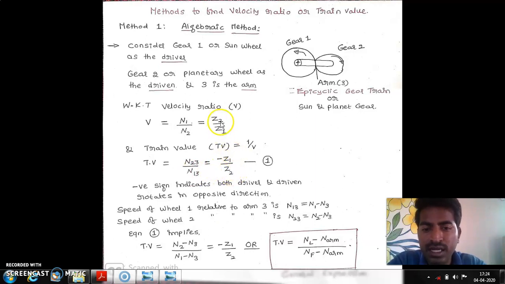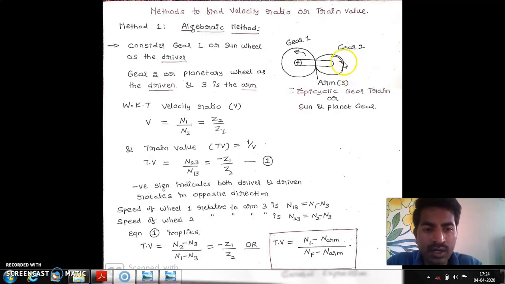See, here it was z2 by z1, but now it is reversed, minus z1 by z2. The minus sign indicates that the first gear and the last gear rotate in the opposite direction. That's why the negative sign is taken.